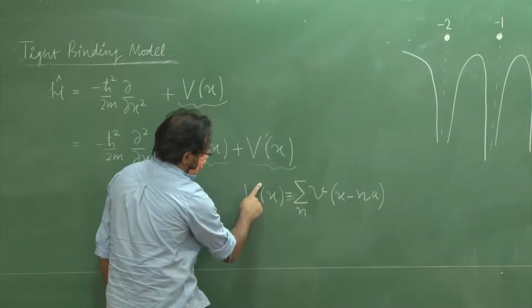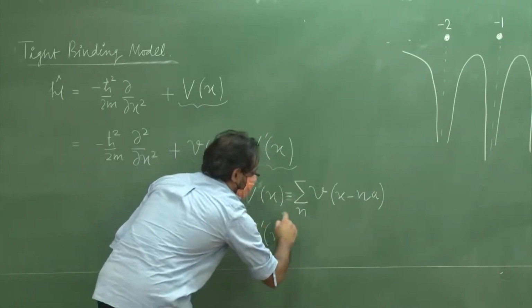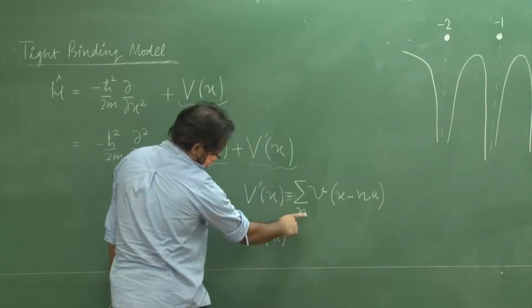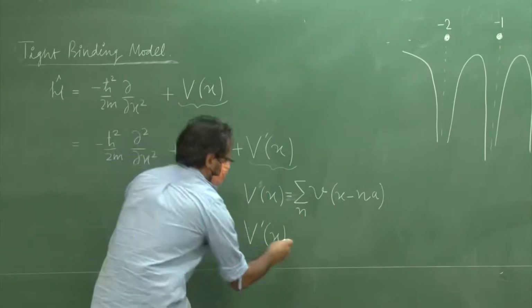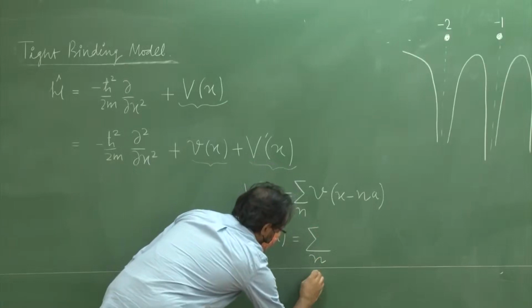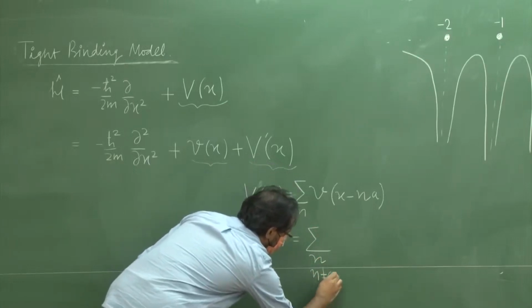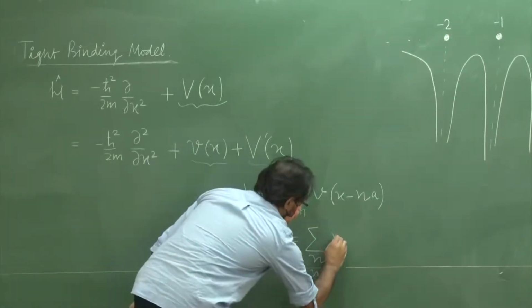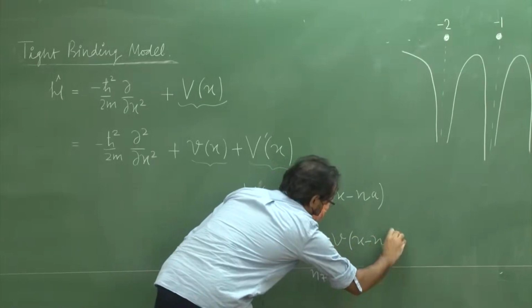Now what is V prime? V prime will be all this except for the potential due to the atom at the 0th site. So same thing, summation over n, but excluding n equal to 0, V of x minus na.